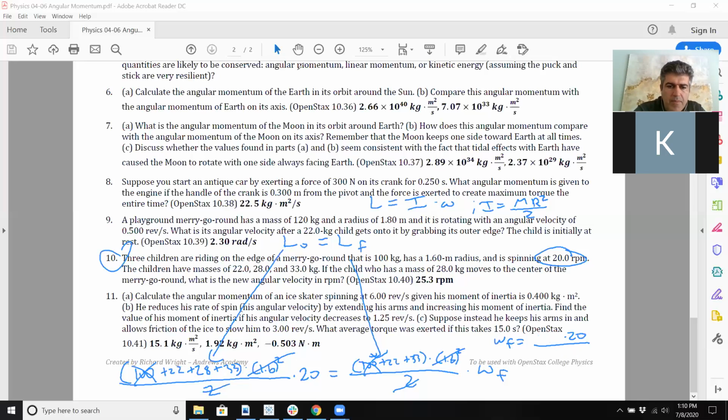So that would be then 83 over 55. Let's try that again. 83 times 20 divided by 55. No, that doesn't work either. I'm not sure what we're doing wrong here for number 10.